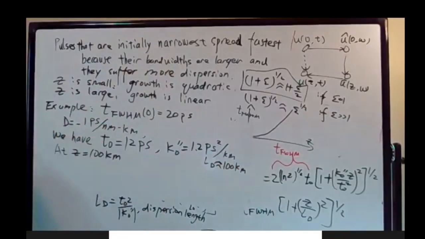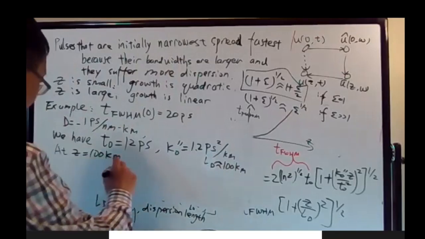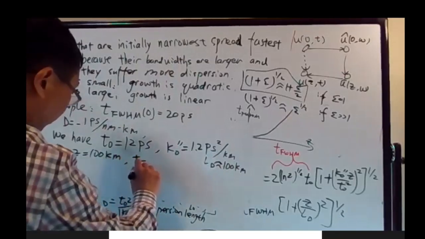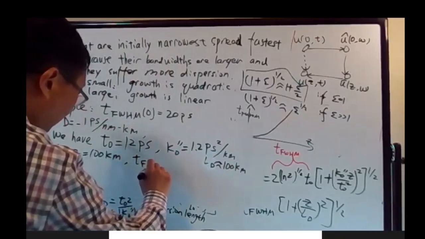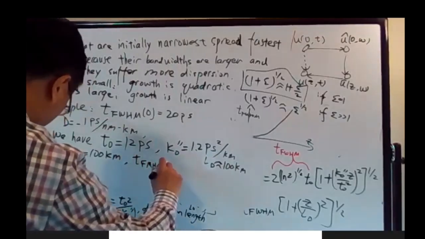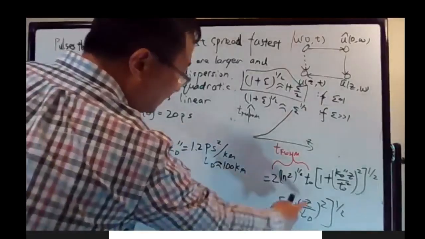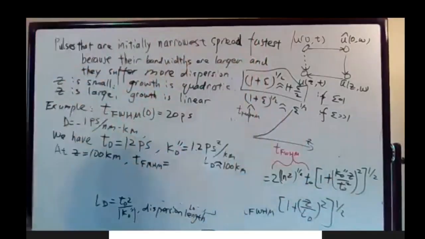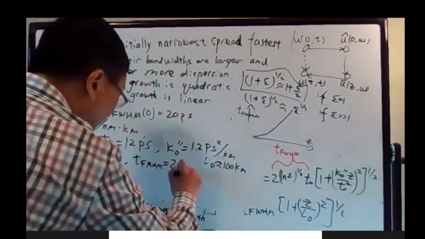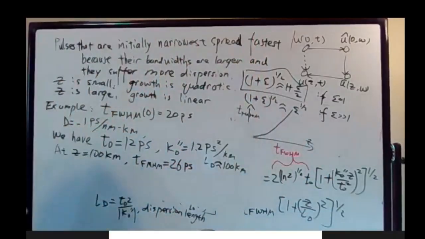So at the 100 kilometer, T full width half maximum, we can calculate. So this is the full width half maximum times the square root of 1 plus z over LD squared. So let me just write it down, 26 picosecond.